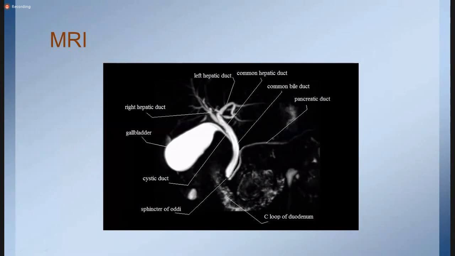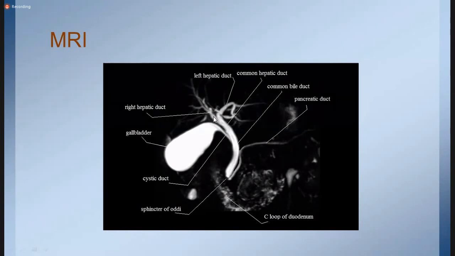So this is MRI, the maximum intensity projection taken from the magnetic resonance cholangiopancreatography, MRCP examination. MRCP is part of the MRI modality, and that is demonstrating the normal anatomy of the pancreatobiliary system.